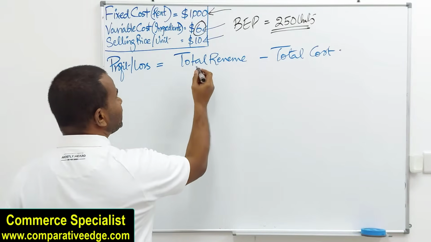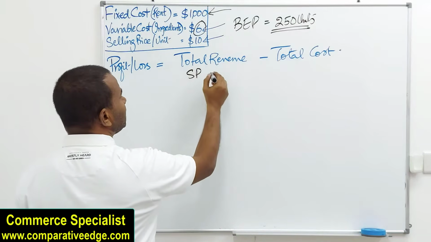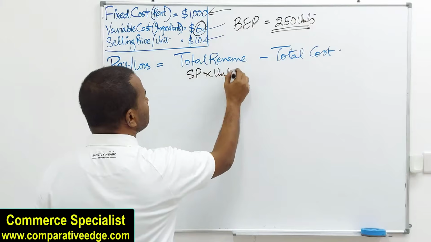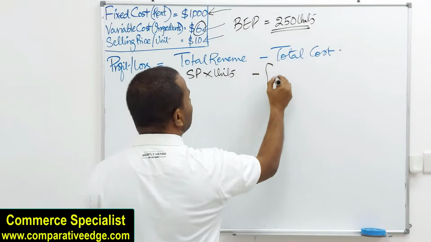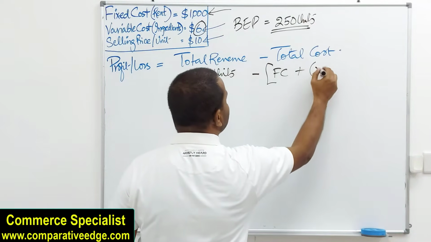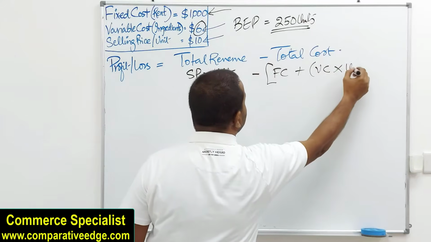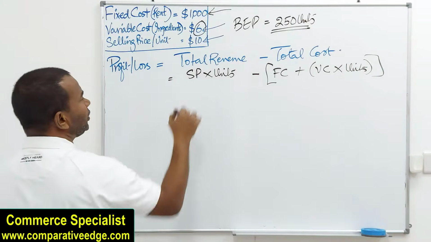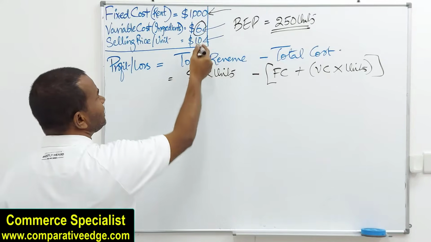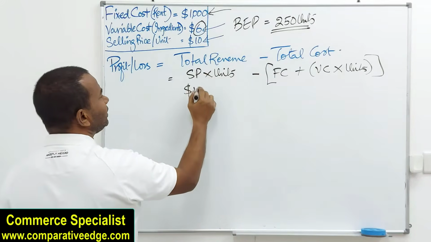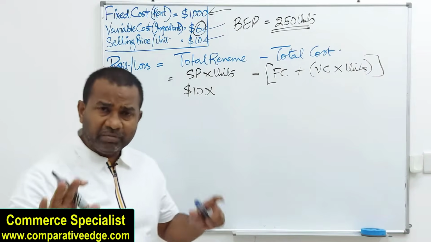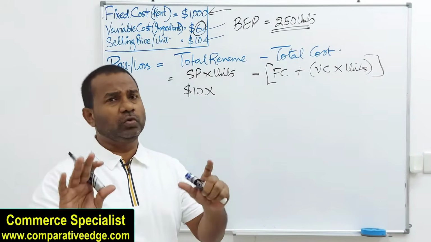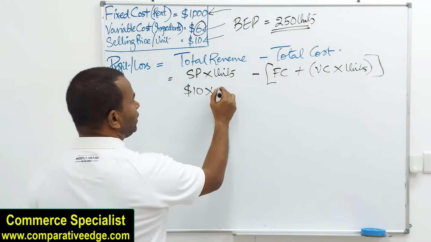So total revenue, as we know, is selling price into the number of units, and total cost is fixed cost plus variable cost per unit into the number of units. So if I put the numbers here, selling price remains the same, $10, and I'm assuming the business is selling 200 units. So I'm putting 200 units here.